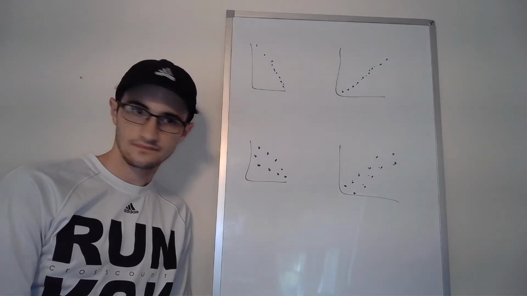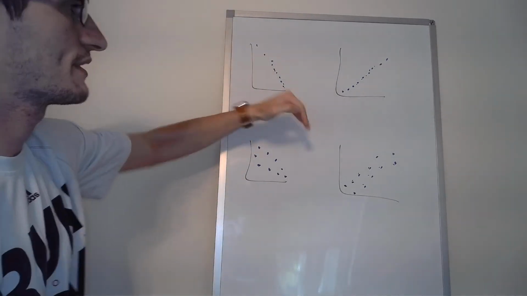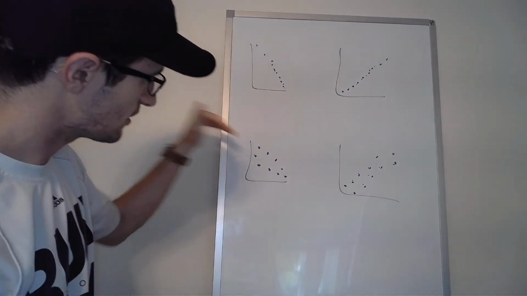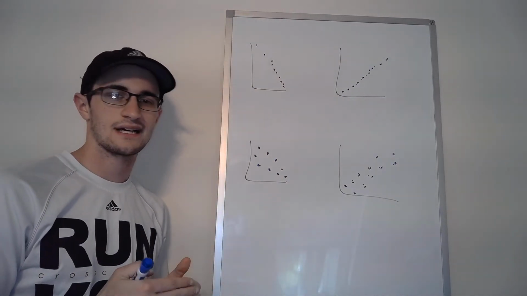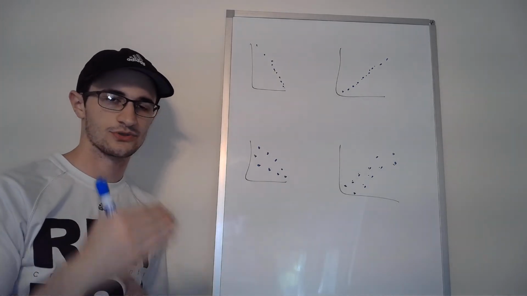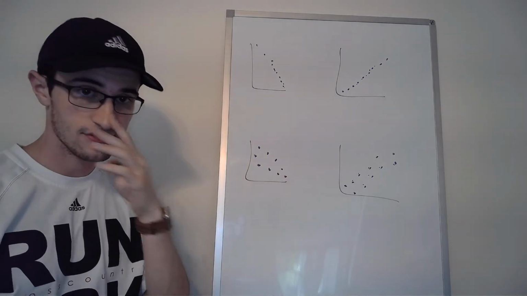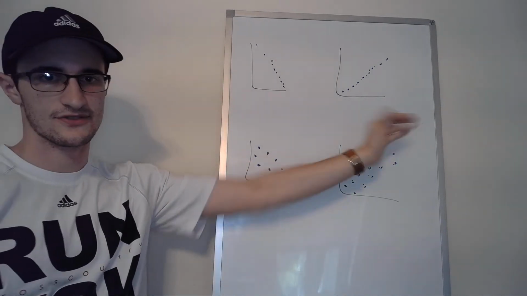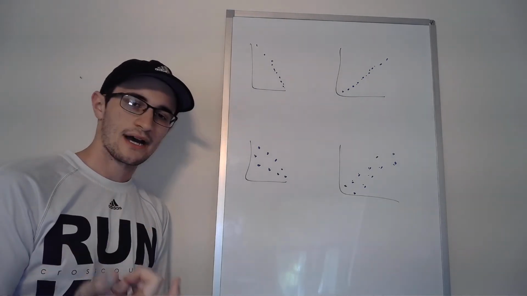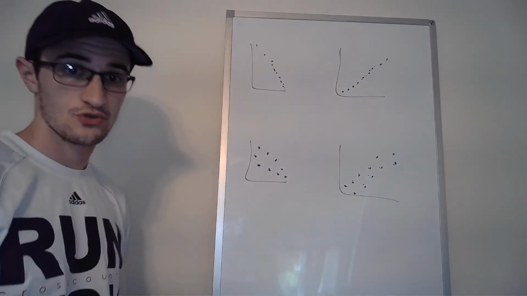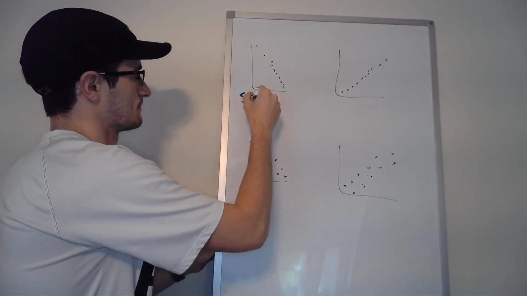So this is obviously a negative slope. It's going down. Positive slope. This is also a negative slope, but again, like I mentioned, the line isn't as tight. The dots are a little looser, a little more spread out. This one, as well, they're a little more spread out, but it's a positive slope. So there's two kinds of correlation, actually. There's strong and weak. So this is a strong.